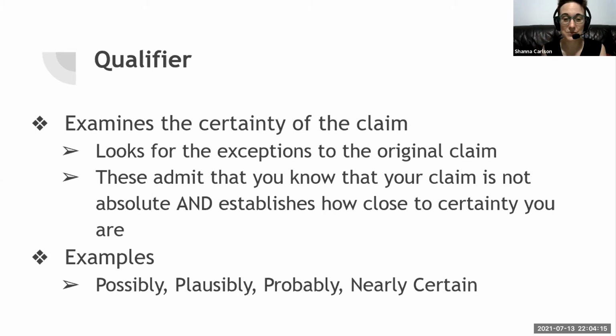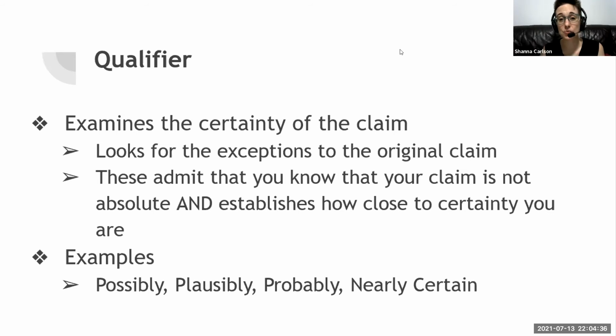Qualifier in the simplest words is how true on a scale of 0 to 100 is your claim. So this is where we use possibly, plausibly, almost certainly, right?